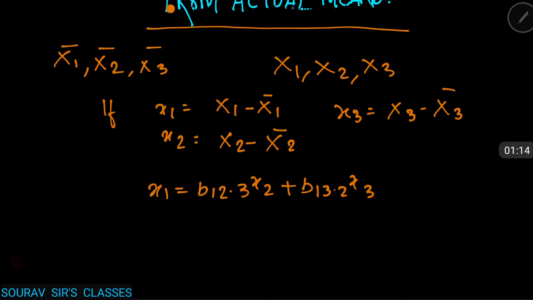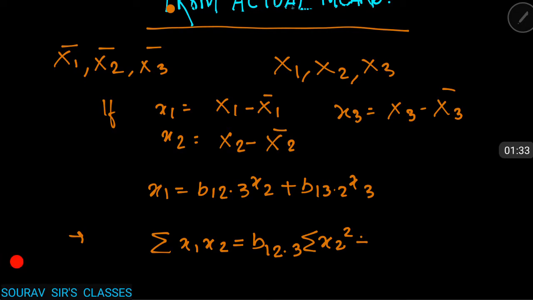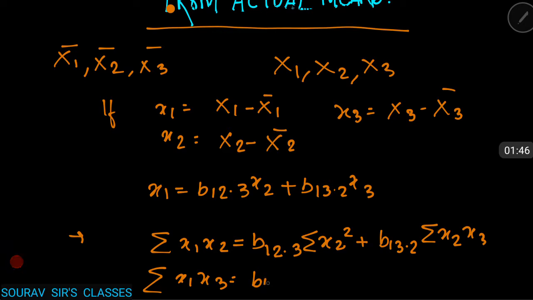We can also find the values of b12.3 and b13.2 by simultaneously solving the equations: summation x1 x2 is equal to b12.3 summation x2 square plus b13.2 summation x2 x3, and summation x1 x3 is equal to b12.3 summation x2 x3 plus b13.2 summation x3 square.